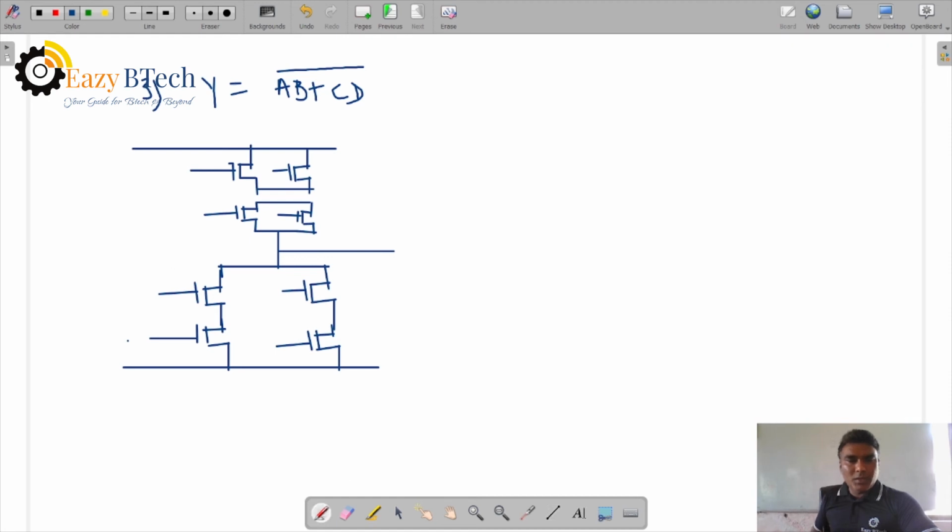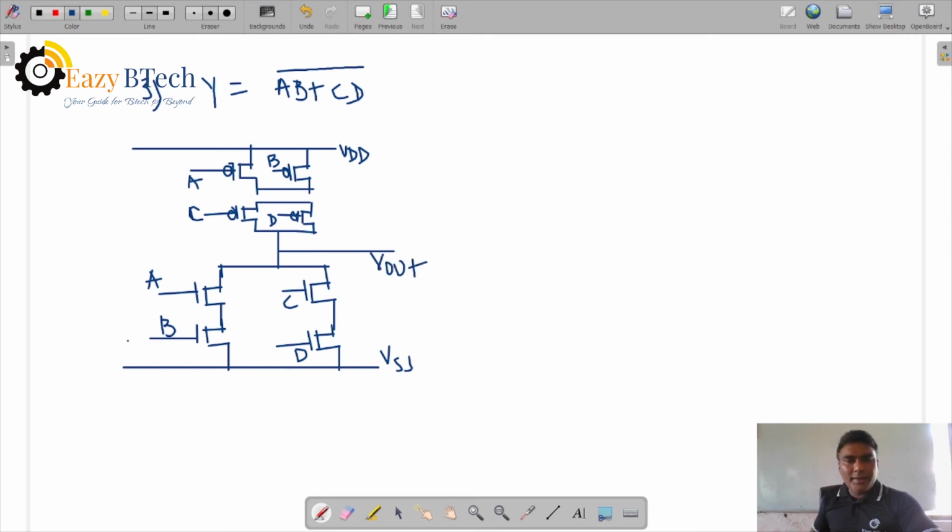Let us take the symbol input terminals. A is the input terminal, B is the input terminal, C is the input terminal, D is the input terminal. C and D are series, A and B are series. Now the complement. This is the complement, with A, B, C and D. And this one is VDD, VSS, and the Vout terminal, right?